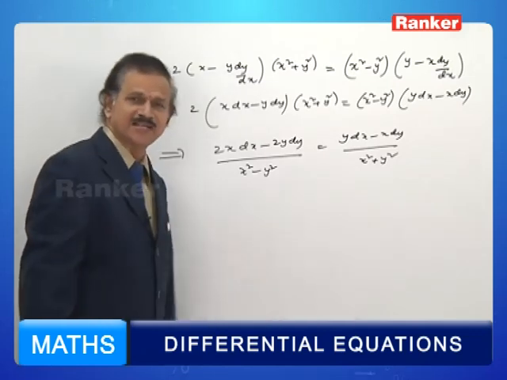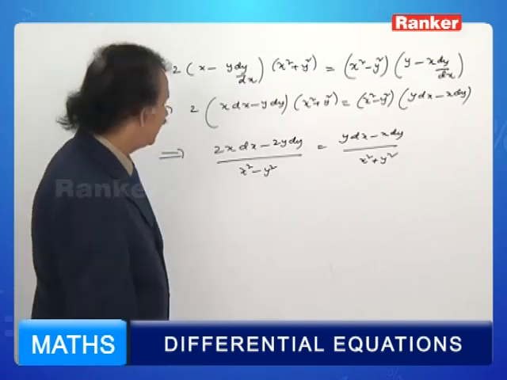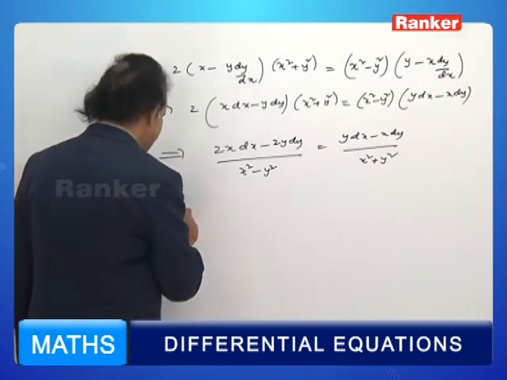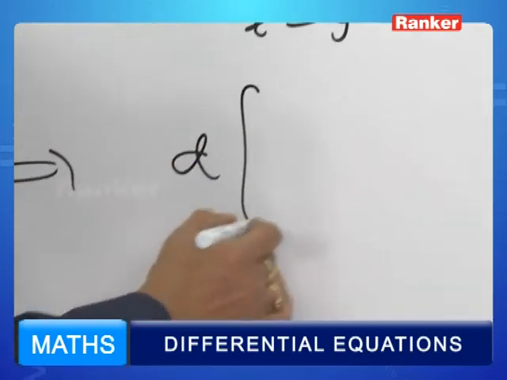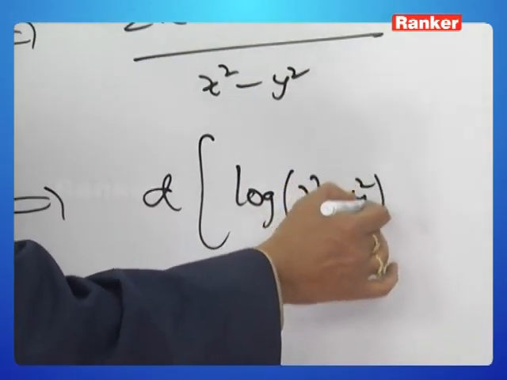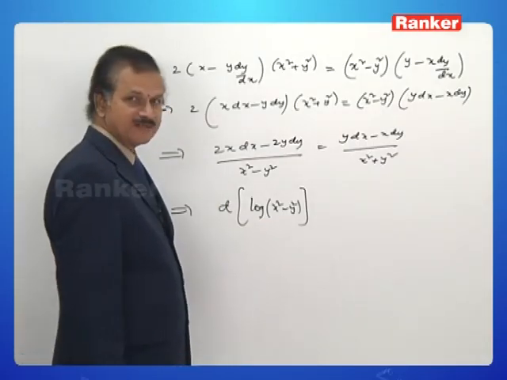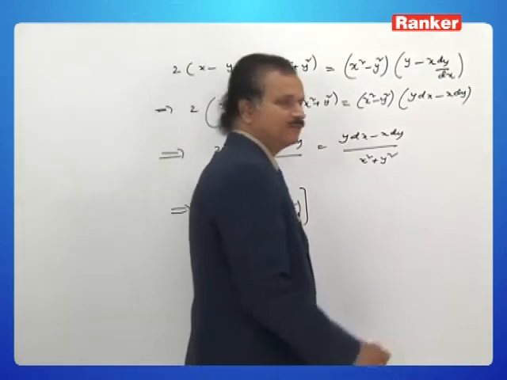How simple it has become, you can see that. As you try to guess, this is nothing but d of log of x square minus y square, of course log mod. Do you have any doubt? Clarify it for yourself.